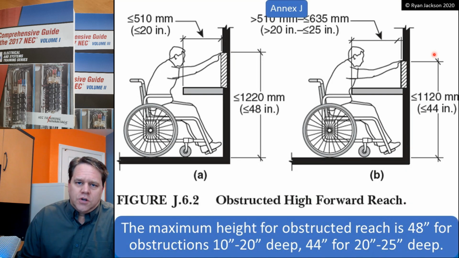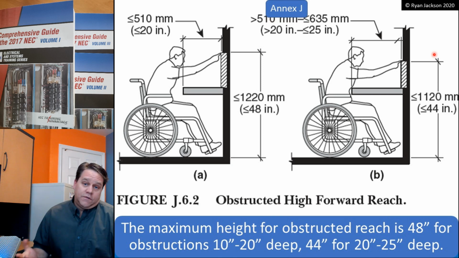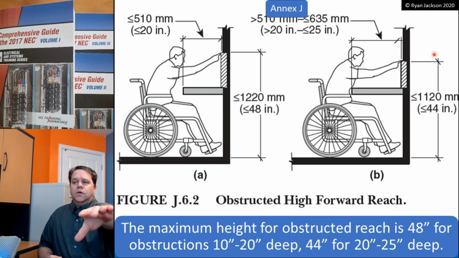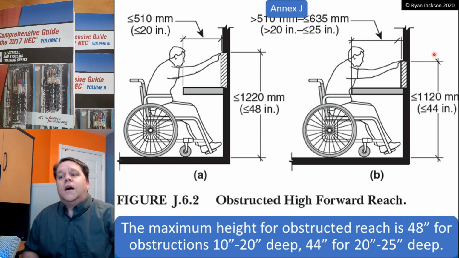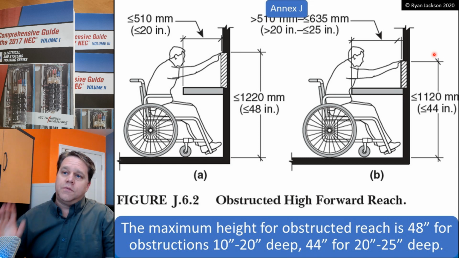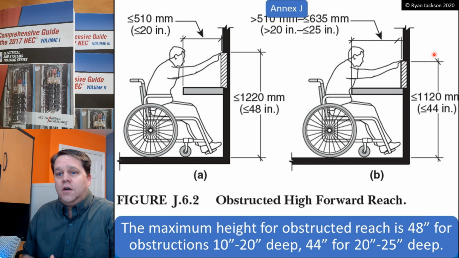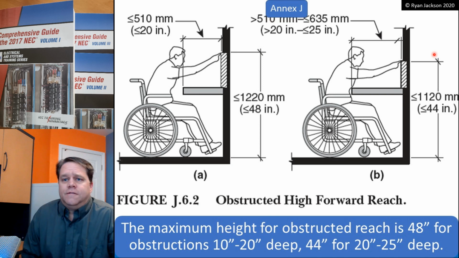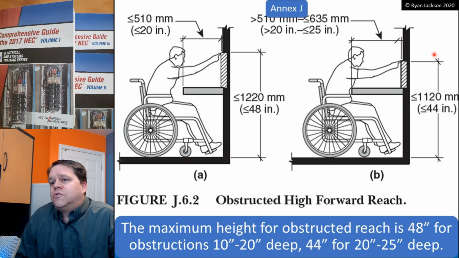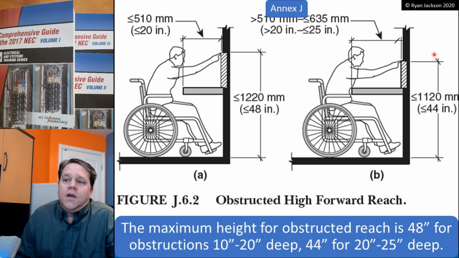If I have to reach over something, if I have an obstruction, if you're in a chair, or even if you're standing up, if you reach out in front of you, your hand goes down, whether you like it or not. If you have to reach across something, your hips bend and your hand goes down. So I can't reach as high if I have to reach out far. So the maximum height for obstructed reach is 48 inches for obstructions that are 10 to 20 inches deep.